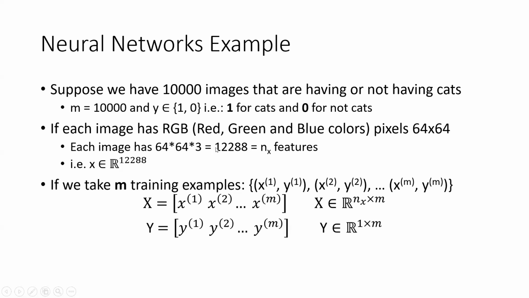Then there would be 12,288 features per image. We can take this number of features per image x as nx. So we can define x belongs to the real numbers with number of features equal to 12,288. This is how we give the notation for x variables.